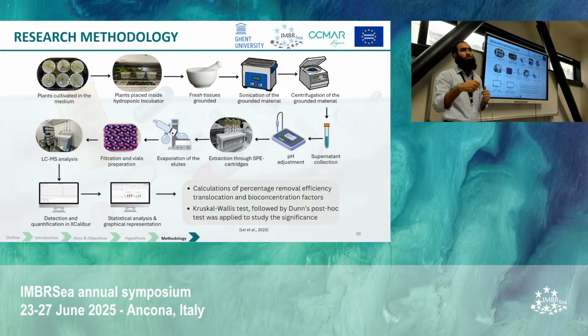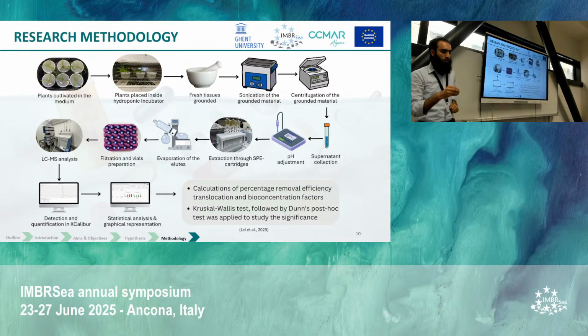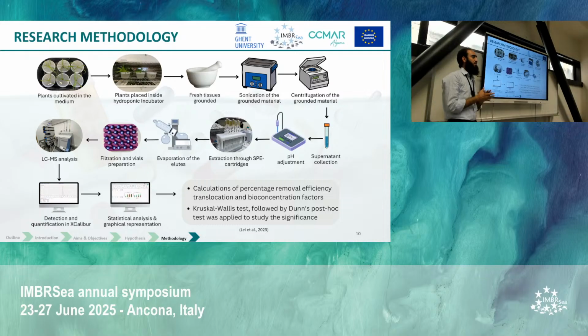The pH selected was 4 because in the literature it was established that pH 4 is the best pH to extract these 2 contaminants using SPE cartridges. So after pH adjustment, it was time to pass this extract through the SPE cartridges. SPE cartridges are small cartridges.